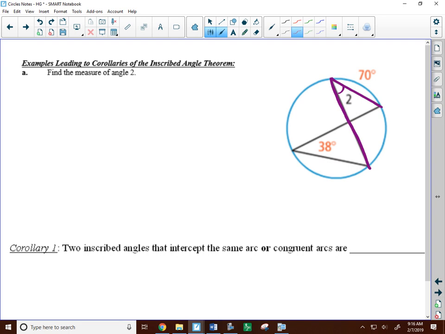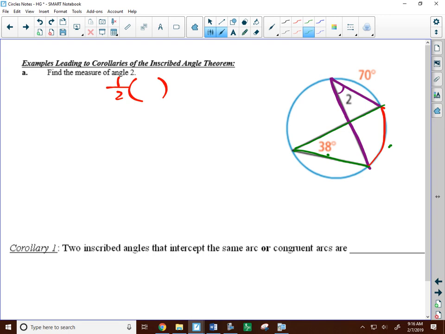So angle 2 is inscribed. The intercepted arc is this arc, so angle 2 will be half of that arc. Now, we see this angle here, the 38. So what's this going to be? Half? No, opposite direction.